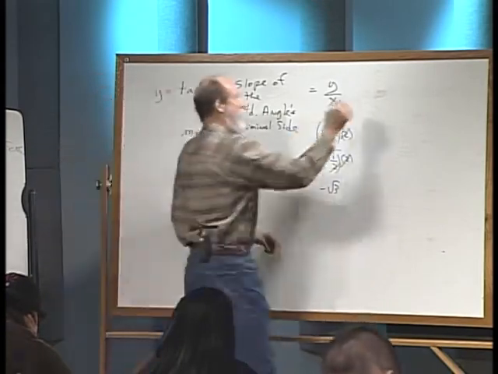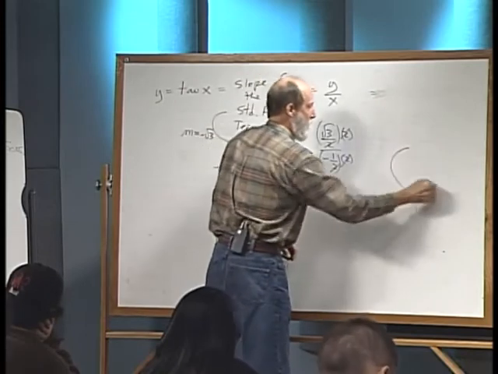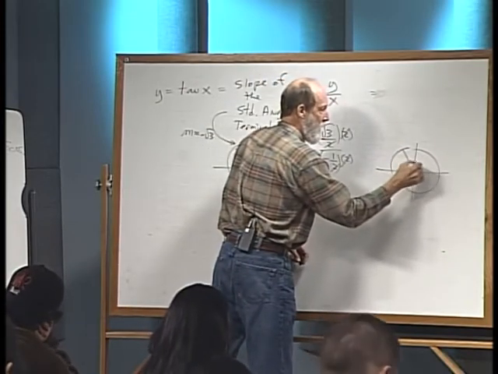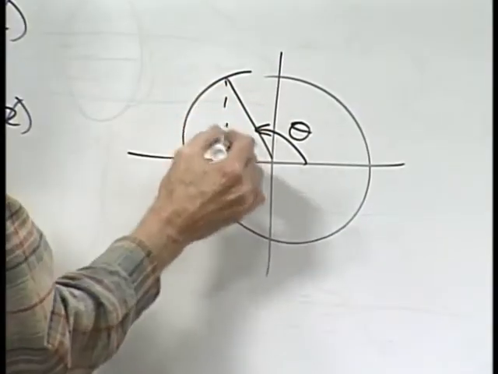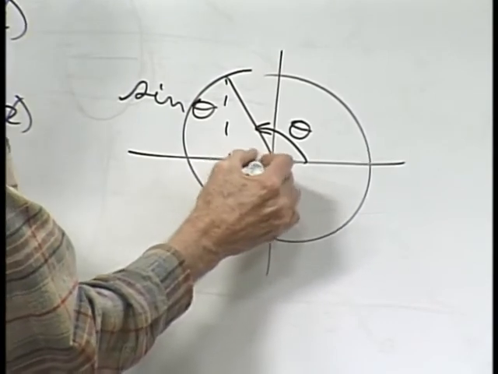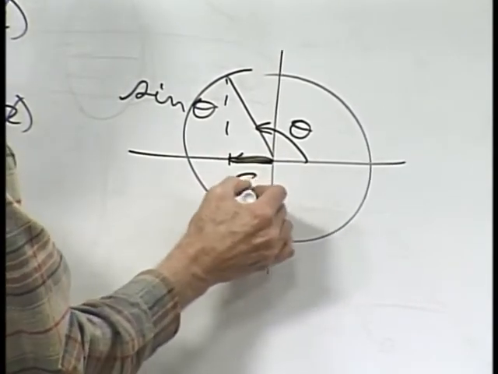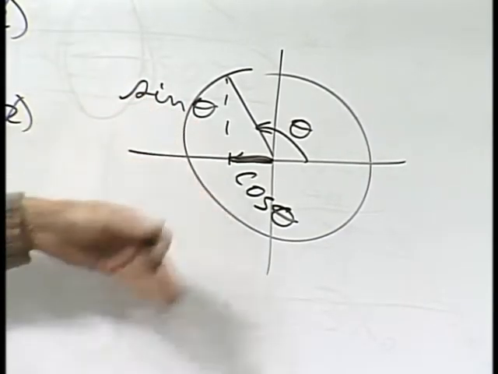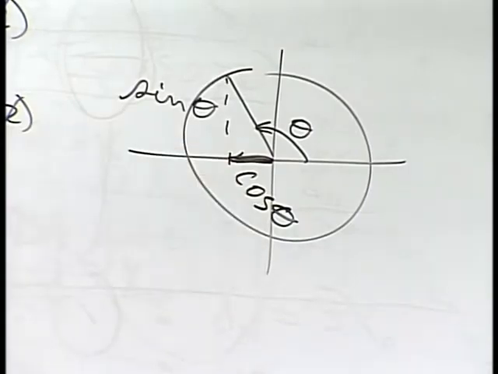The other way of thinking of it is if you were on your unit circle. Again, I'll use a sample angle in the second quadrant here. We know that height right there is our sine of the angle, and the x reading right down here is the cosine of the angle. And so again, y over x is sine over cosine of the angle.